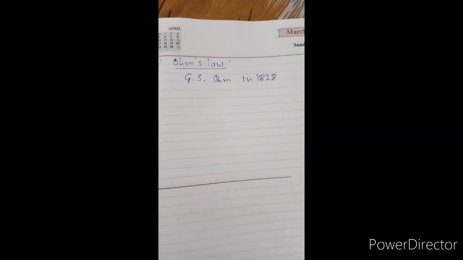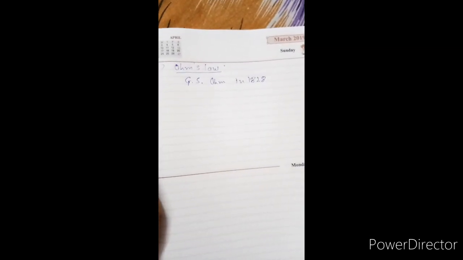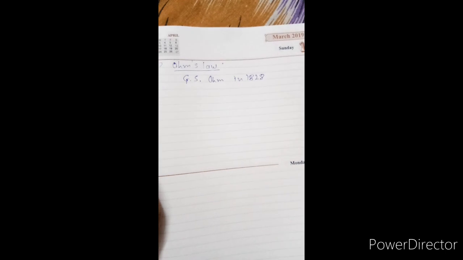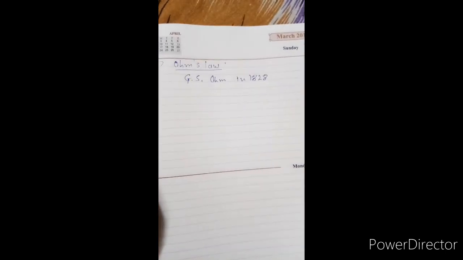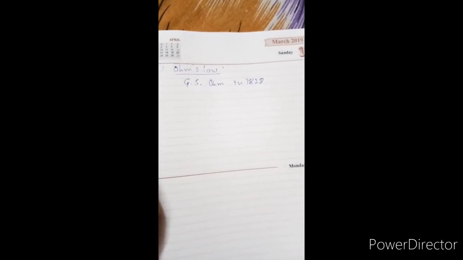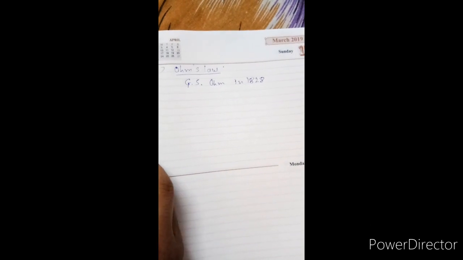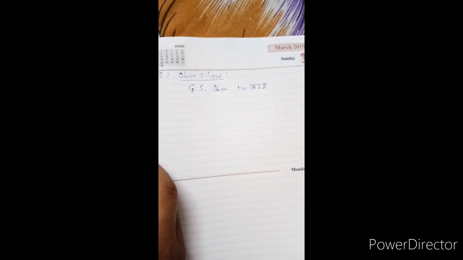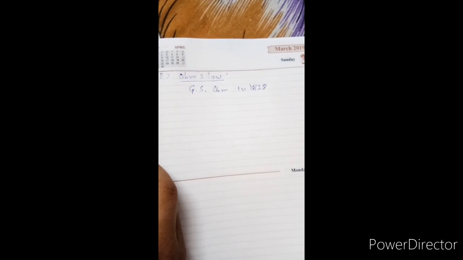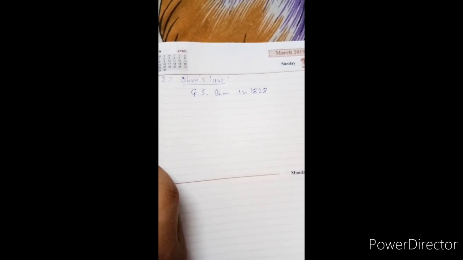Experimentally, he wants to know about the relation between voltage and current. So by performing some experiment, he got the result that the current passing through the conductor is directly proportional to voltage or potential difference between 2 points.